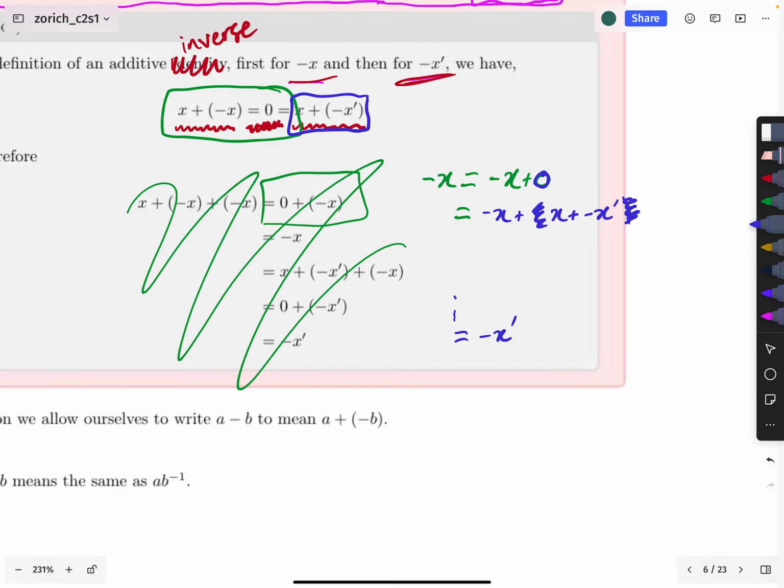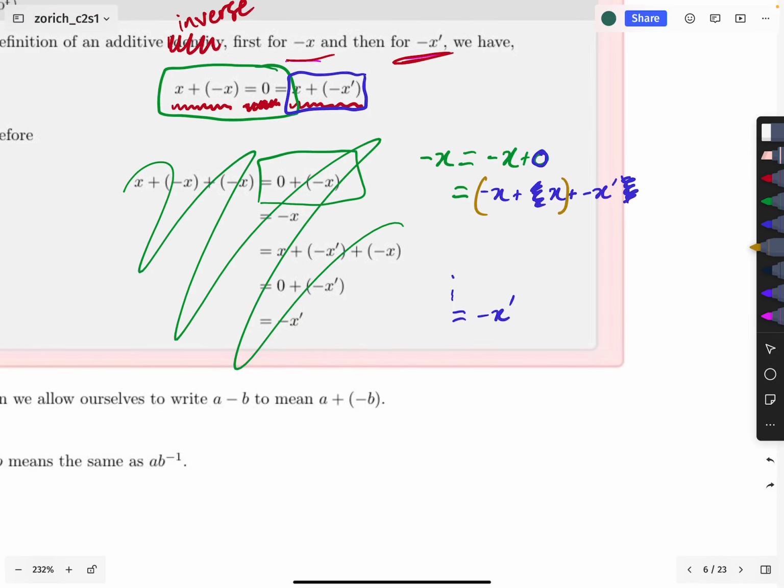Okay. From here, we can use the associativity of addition to just ignore parentheses, right? Basically, associativity means that where you write the parentheses doesn't matter. So in a way, that just means you can drop them. And then I can choose to focus on grouping these two together. This is justified by associativity, but basically I'm just emphasizing that I'm going to add these two things to each other next. This just means taking negative x and adding them together.